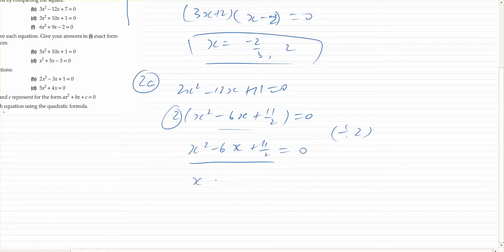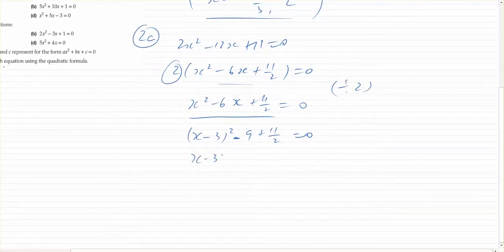So you go x minus 3 squared minus 3 squared, negative 3 squared is positive 9. You drop the 11 on 2, equals 0. So we get x minus 3 squared. Okay, so we've got to make the 9 over 2. So that's 18 over 2.